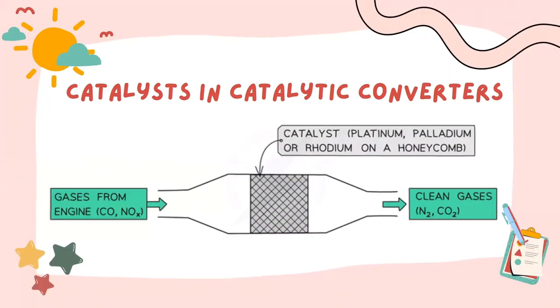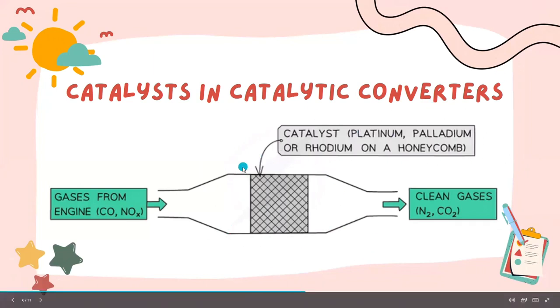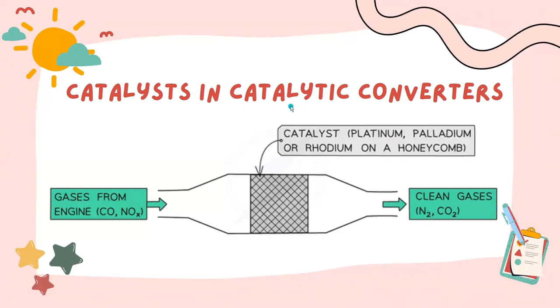Following on from what Klanta had discussed, I'll be talking about the heterogeneous catalyst used in the catalytic removal of oxides of nitrogen from the exhaust gases of car engines. Now, we need to know that catalytic converters have a honeycomb structure, like this one, that contains small beads coated with the following heterogeneous catalysts: platinum, palladium, or rhodium, which are all in the solid state and in a different phase to the reactants.